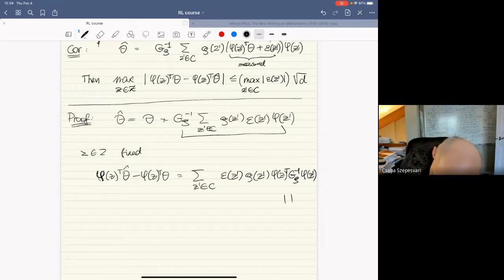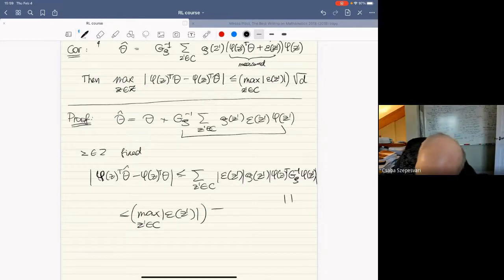So the left-hand side is smaller than or equal to, putting absolute values everywhere, pulling out these errors of the sum, and just keeping the other things there.